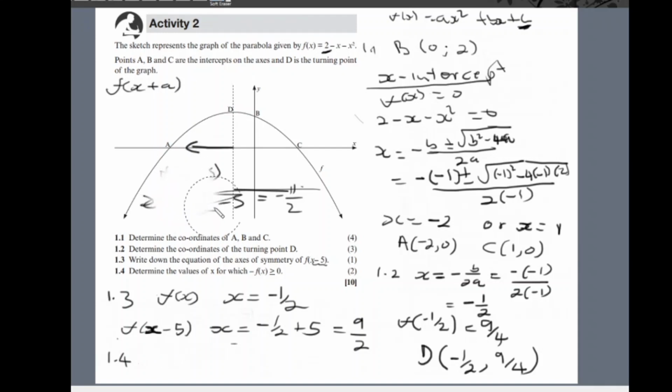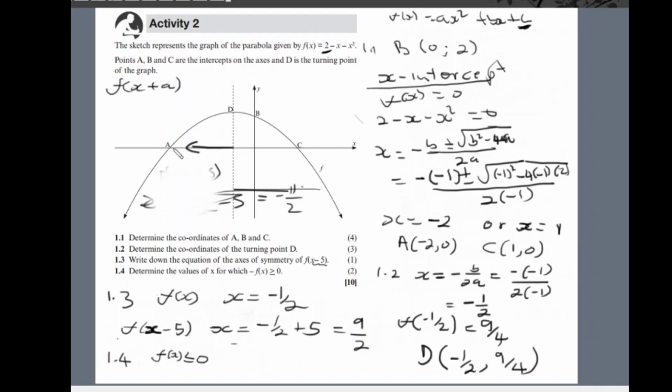So the values of x for which minus f of x is greater than 0 are the same values of x for which f of x is less than 0. I don't know if that makes sense.